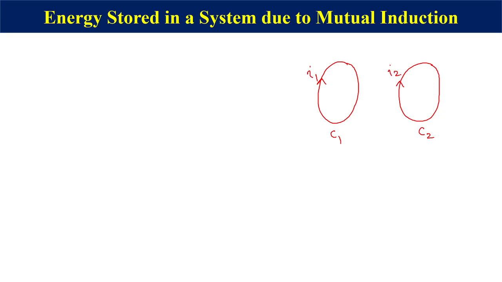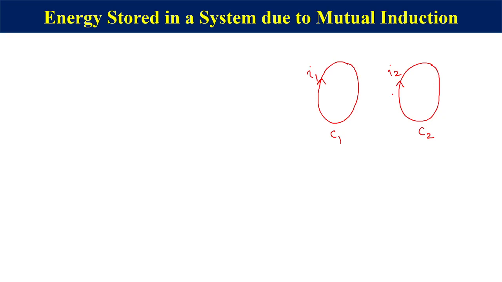Now, what is the fundamental thing that we have to notice in this case? Whenever the current in circuit C1 changes with time, the magnetic flux linked with this coil will also change. Since both these coils are very nearby, that change in magnetic flux will also be linked with the coil C2.